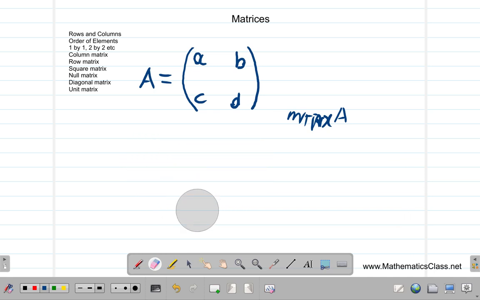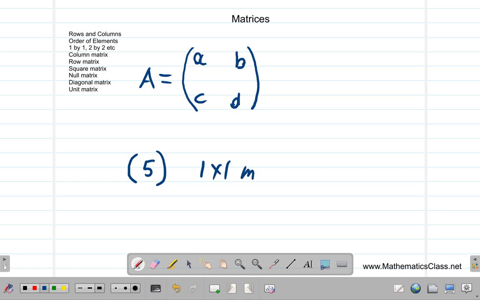Now, here, we can have a matrix looking like this. A matrix with one element. This is a 1 by 1 matrix. You remember that we say the number of rows by the number of columns.